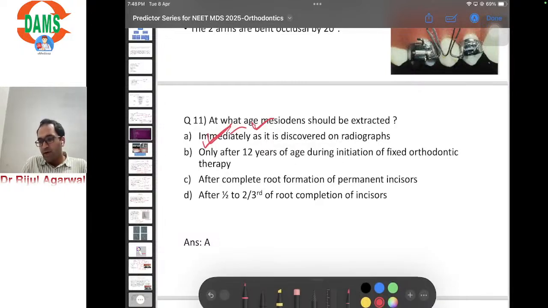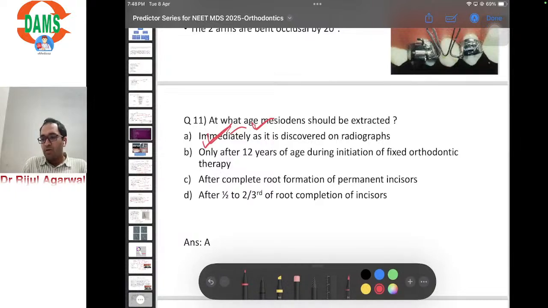We don't have to wait until it causes trouble or until it causes any malocclusion or something like that. As and when it is discovered or observed by the dentist, either radiographically or clinically, it should be extracted. The question may mention it is not causing any trouble at this moment, there is no spacing, no trouble. We don't have to wait for it to cause trouble.